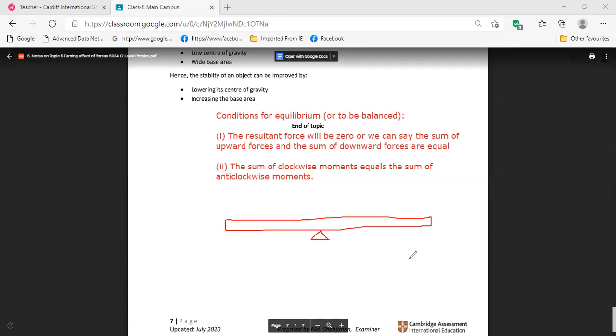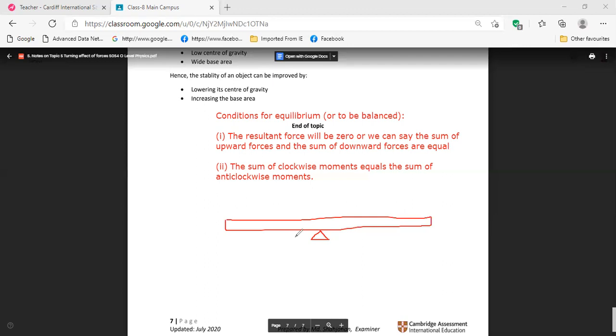It is a playground seesaw. Then one boy like Anmol and Taki are sitting on two sides of the seesaw. Anmol, you know about Anmol, right? And you also know about Taki. They don't have equal force, right?